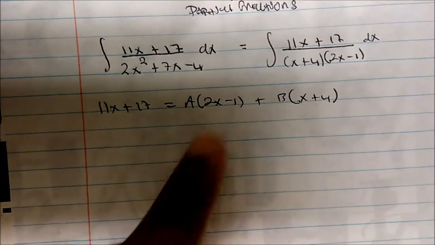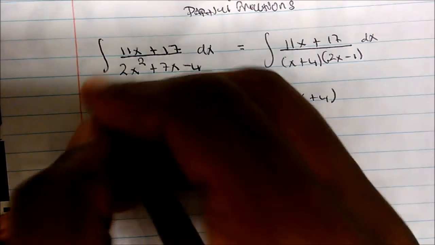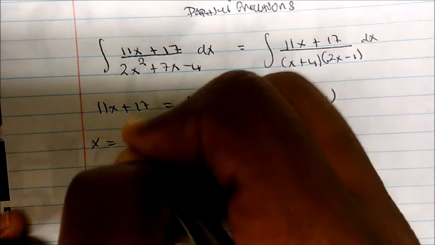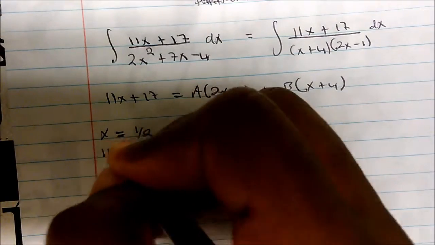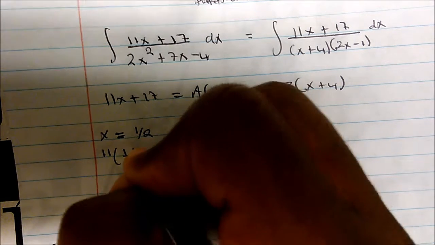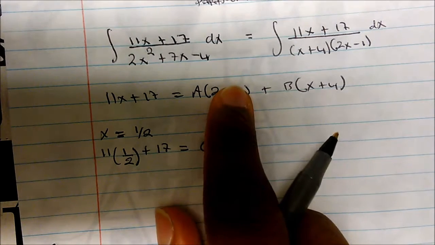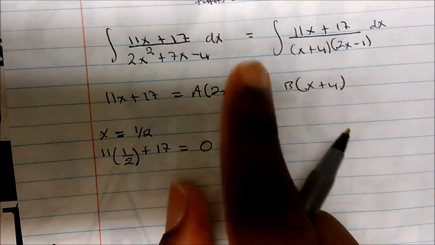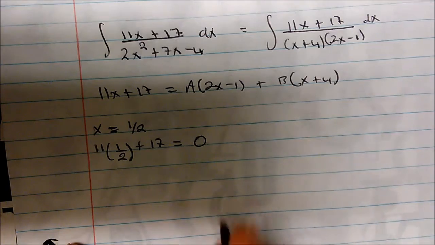Okay, now the idea is if I look at this, I could cancel out a. So if I set x to be equal to 1/2, then essentially I have 11 times 1/2 plus 17, and that is equal to 0. Okay, this will cancel out. 2 times 1/2 is 1. 1 minus 1 is 0. 0 times a is just 0.